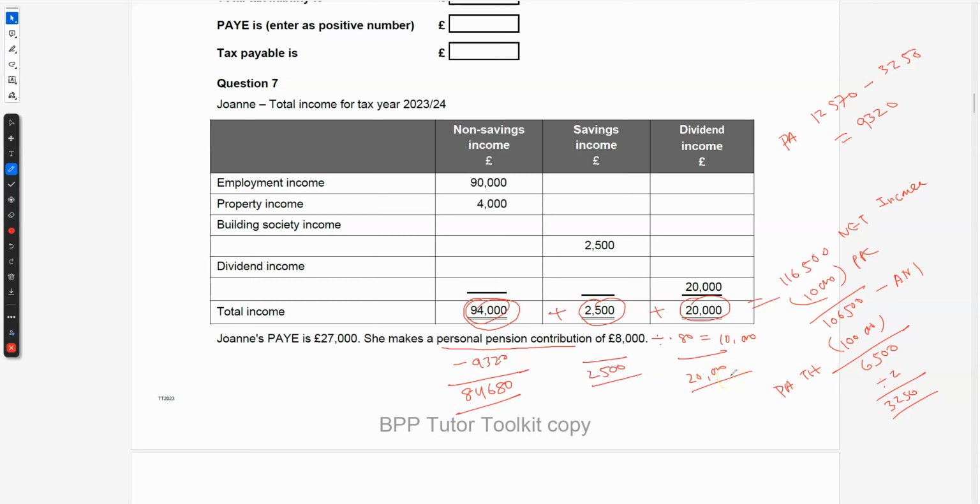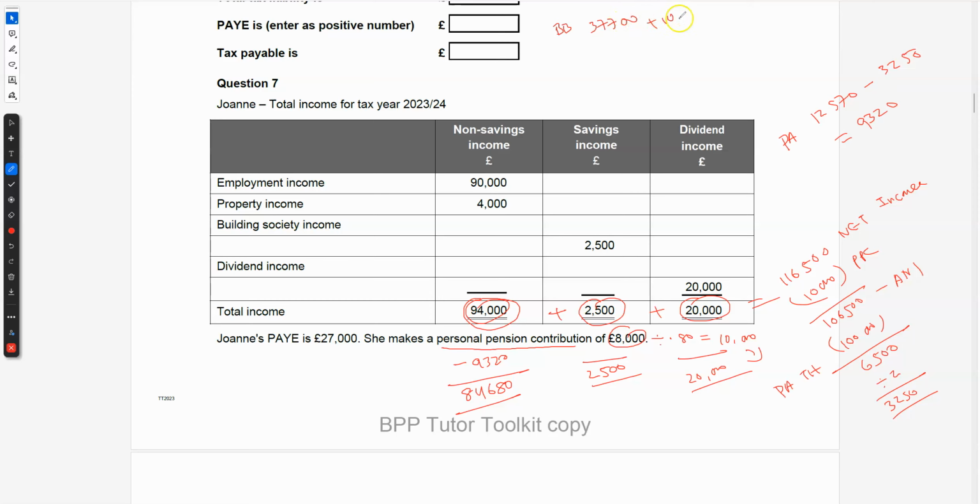Now let's find out the tax, how much tax we need to pay. Calculation of the tax will be the same as the question you have done before. So we need to find out how much will be the basic and higher band. But here the only difference, he made the PPC 8,000, so 10,000, the basic band will be extended, also the higher band will be extended. So normally my basic band is 37,700.